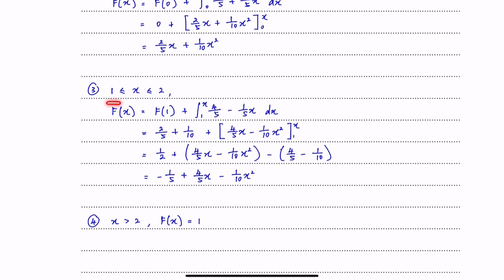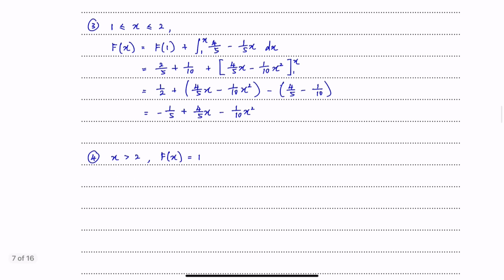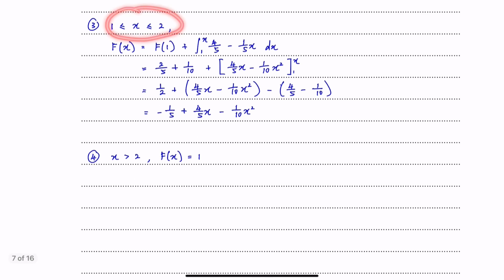So for x in between 1 and 2, we integrate this from 1 to x. So from this number to x. And remember to add back F(1). So after this range, we have x more than 2. And everything after this, we have a probability of 1.